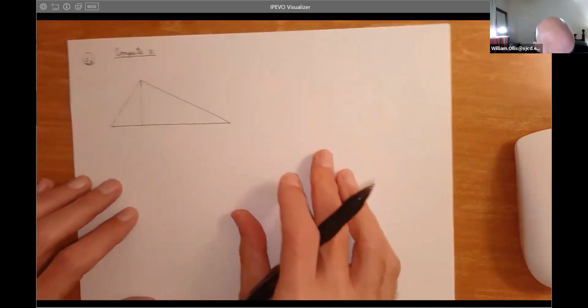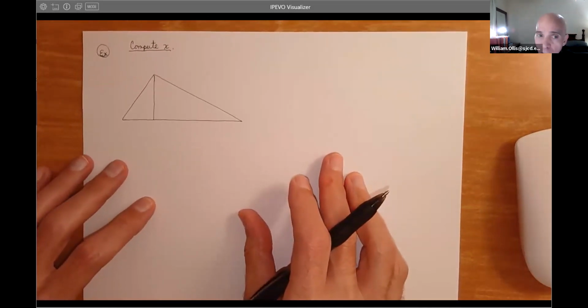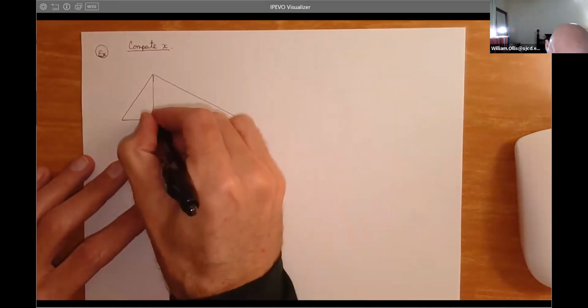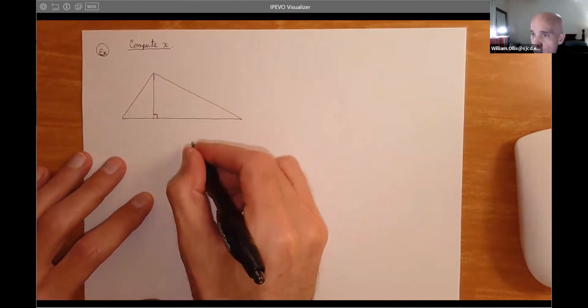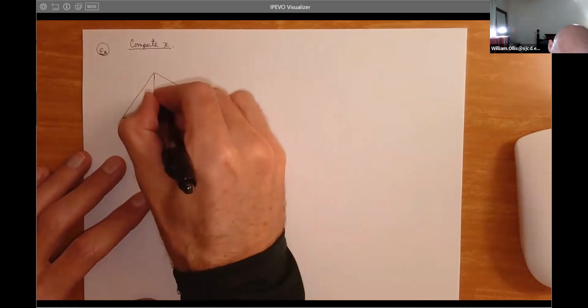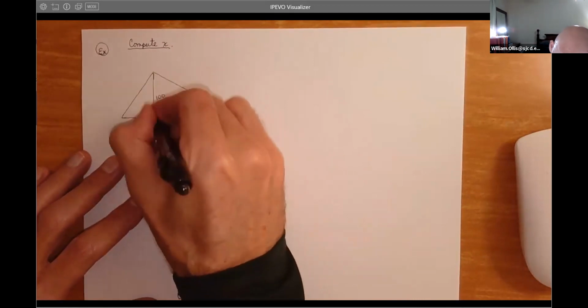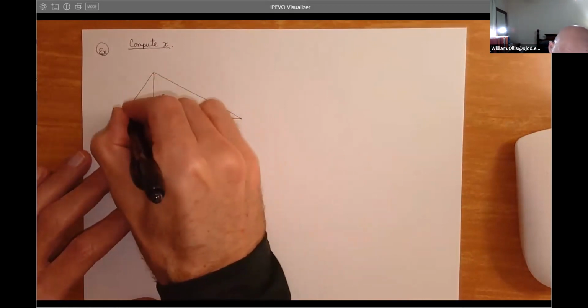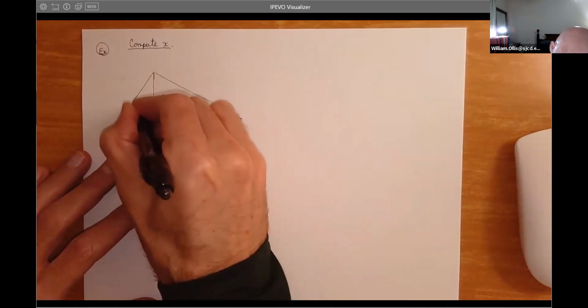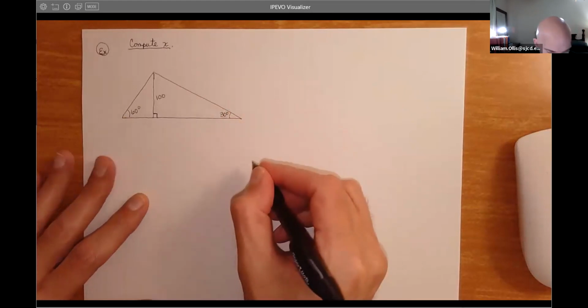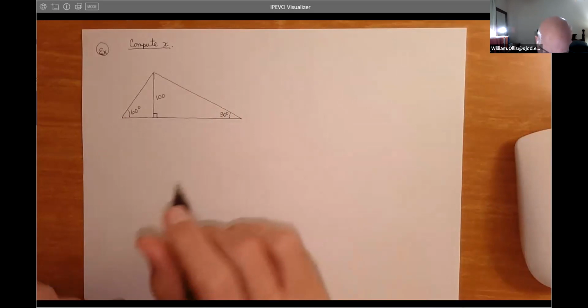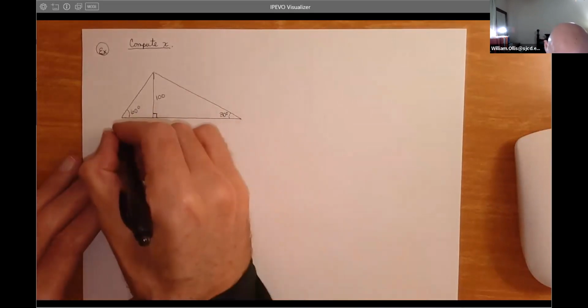So for this particular figure, we have the following as given. We, of course, have a right triangle here. Again, if we're going to use trigonometry, we've got to have a right triangle somewhere. We have a distance of 100 here for this particular leg. We have 60 degrees here, and we have 30 degrees here. Now, what we want to do, and you're thinking compute X, well, where's X?